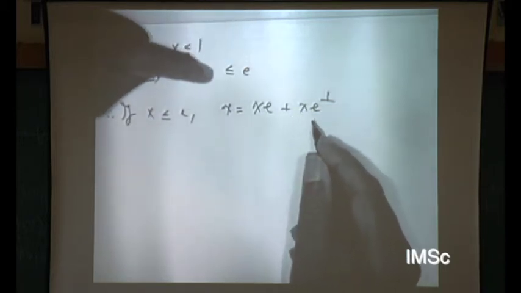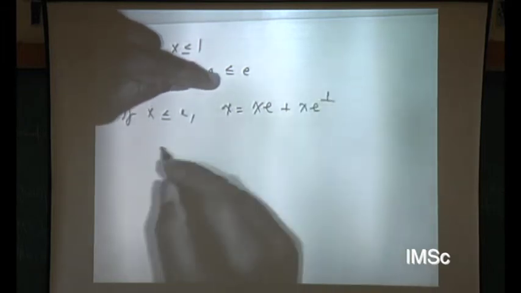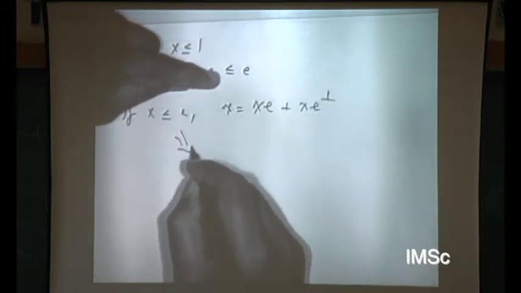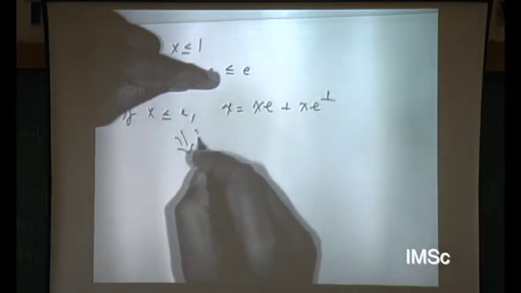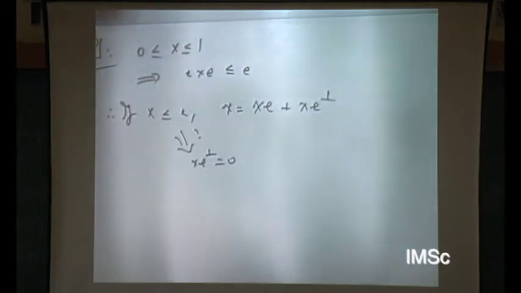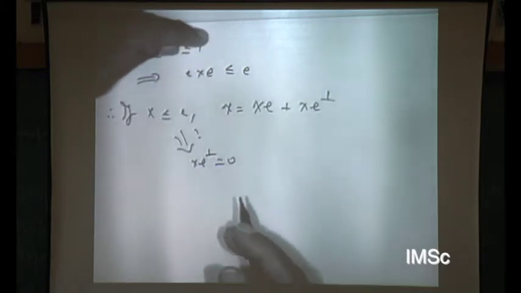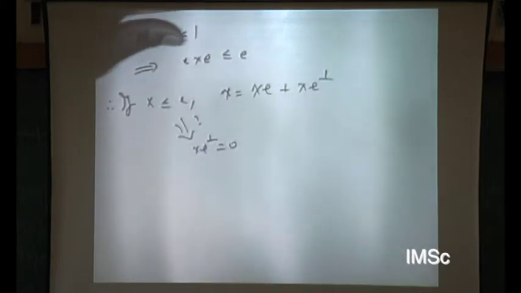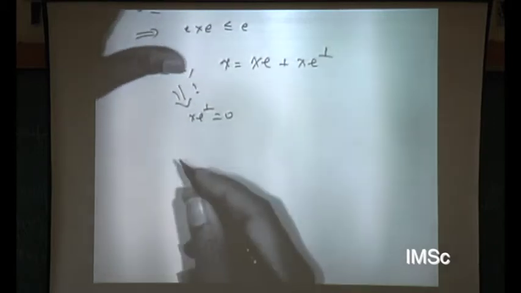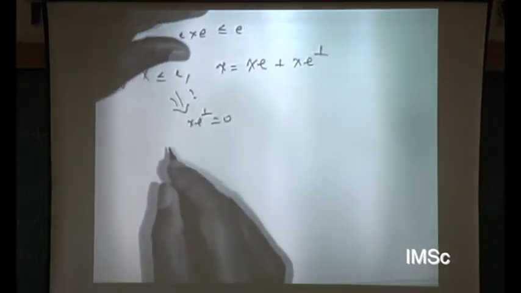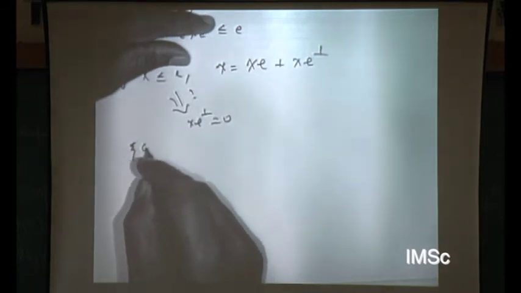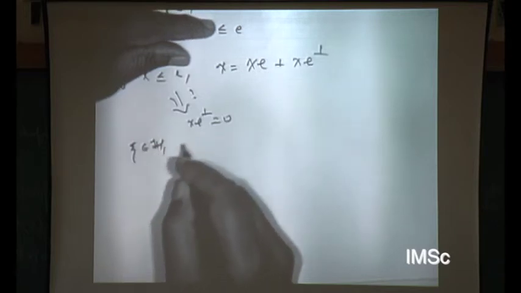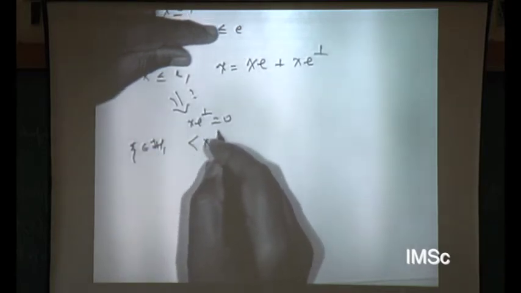So I need to show that xE perp is 0. If I take any xi in H, let us look at xE perp xi.